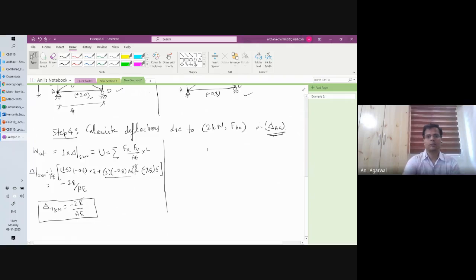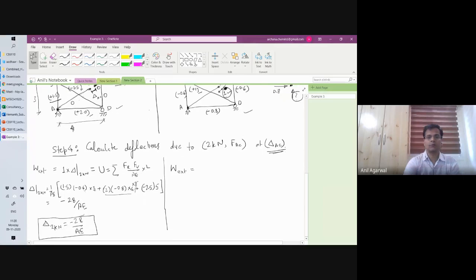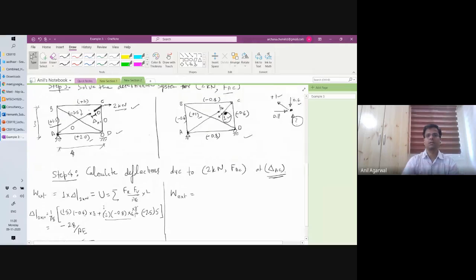Okay, now we will calculate delta because of AC or FAC. Again, W external. Now what we are doing is we are applying this one unit force at this location and we are calculating how much deflection it is going to cause. Now here, in the earlier problem, we got a minus sign. What does the minus sign mean?